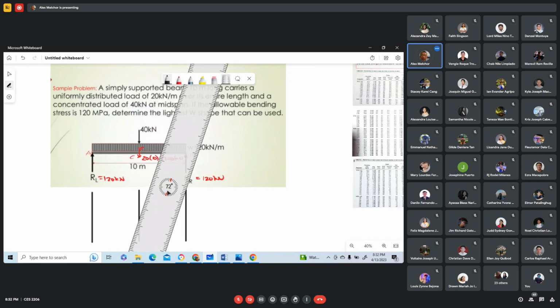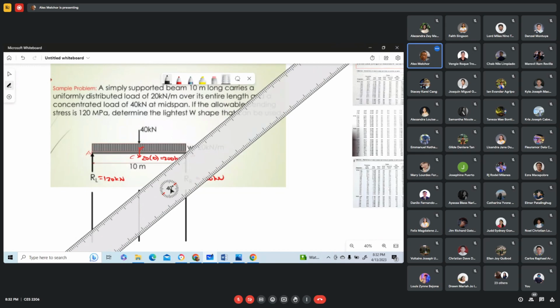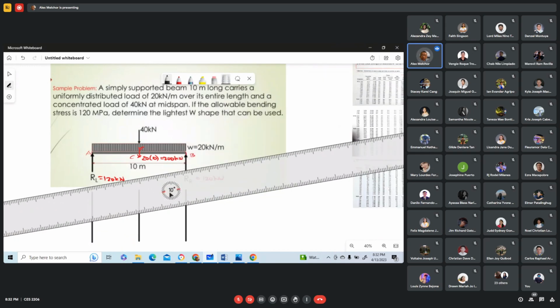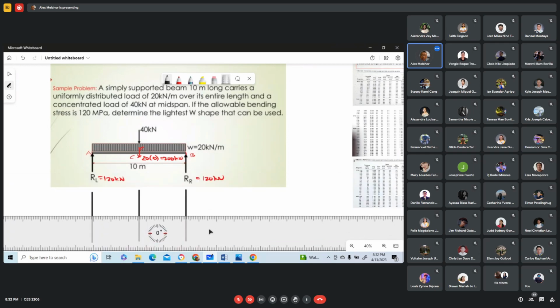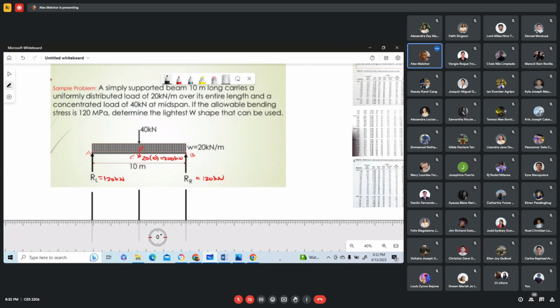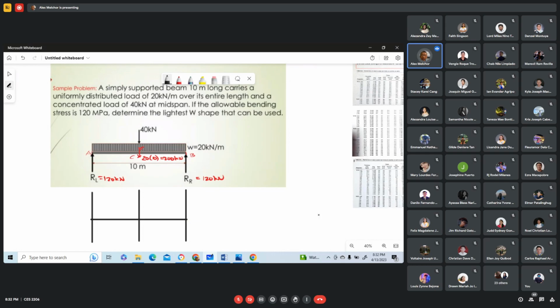Now we make a horizontal line representing zero magnitude of our shear. So this will be our zero shear. The unit is in kN.